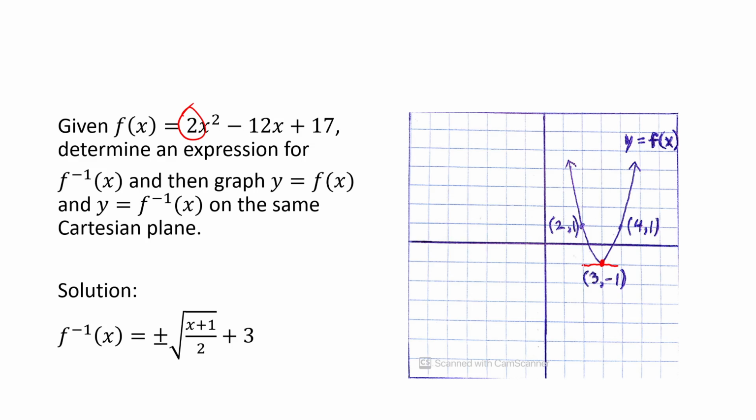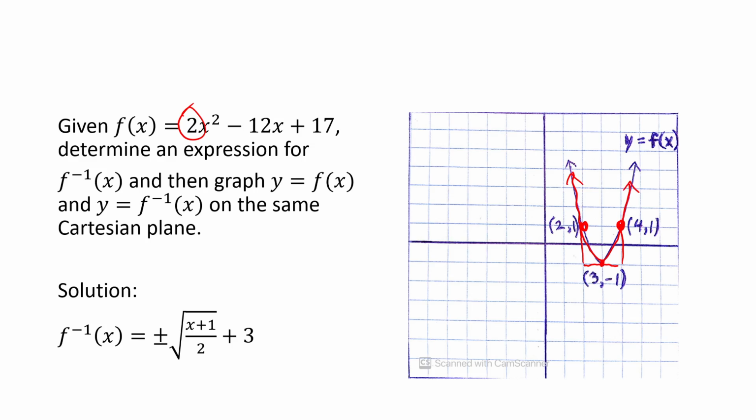So in this case, since the lead coefficient is 2, we know that we're going to go 2 squares up and 2 squares up. So that gives us a couple more points on our parabola, and that makes us able to draw a nice parabola knowing how wide we should make it.